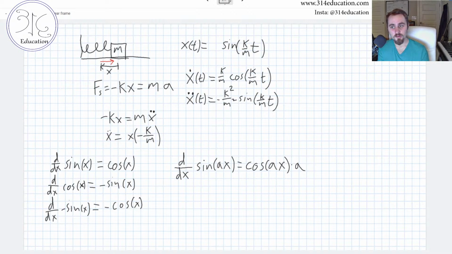So what we need to do for our scalar inside the argument is take the square root of it. If we put the square root in here, this then gives us the square root of k over m. And then when we square that, the square root of k over m squared is just going to be k over m. Let's put that in there.